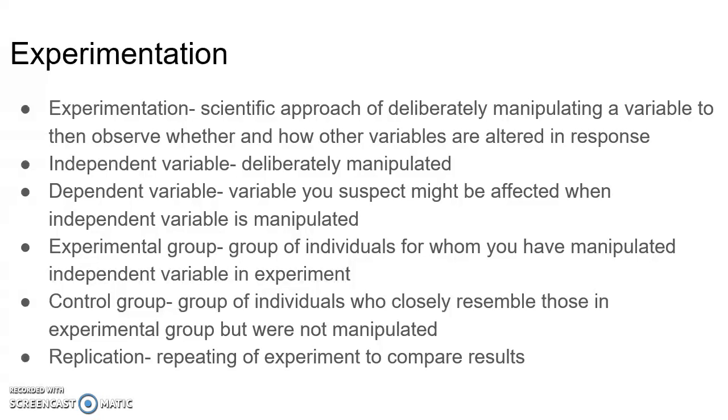Replication is repeating of an experiment to compare results. You repeat an experiment a few times and check your results to see if they are consistent. If they are consistent, then likely you will discover an answer to whatever problem you are trying to solve.